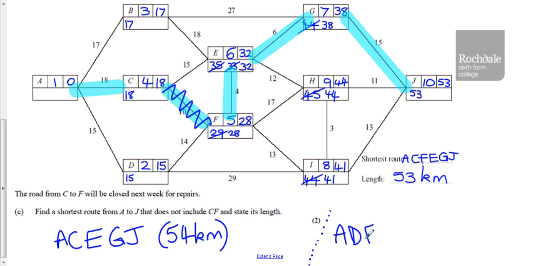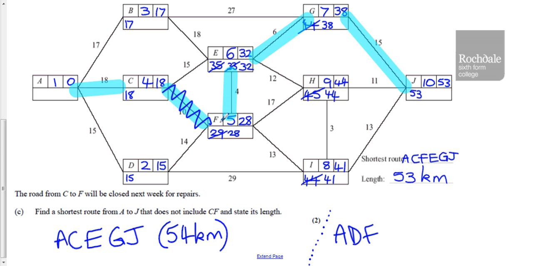So if we went ADF, let's see how long that is. ADF is 15 plus 14 is 29. And earlier, when we could travel along CF, the journey from A to F was only 1 shorter, 28. So going ADF has only added 1 onto the length of our journey.